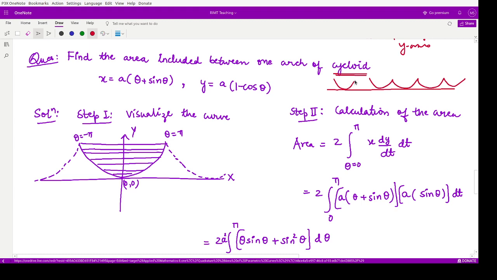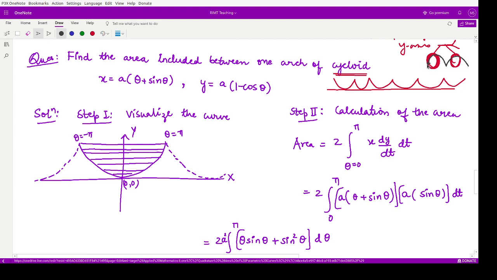This curve is obtained when you fix one point on the tire of one cycle, right? So say this is one cycle. When you fix some point here, and the cycle starts moving, your point would go something like this.